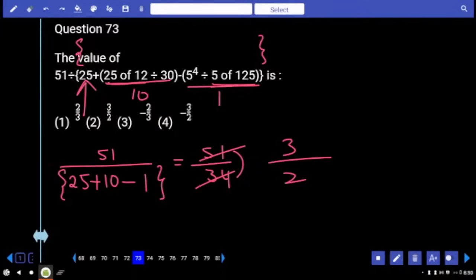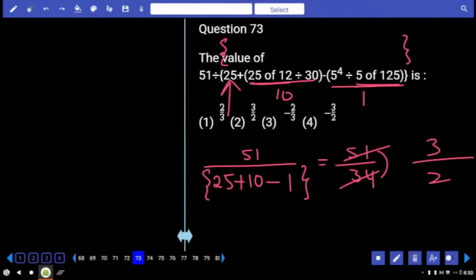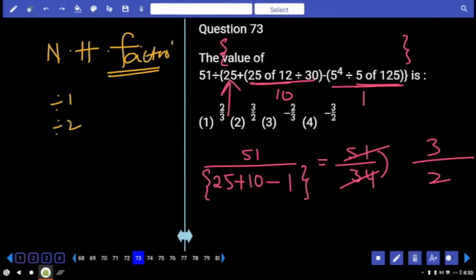Identify the difference and cancel. This is a cancellation rule. So identify the difference, try to cancel it with that number. 99% cases it goes. If not, we have to go for next highest factor of that difference. How do you get next highest factors? Divided by 1, divided by 2, divided by 3, divided by 4 and so on.